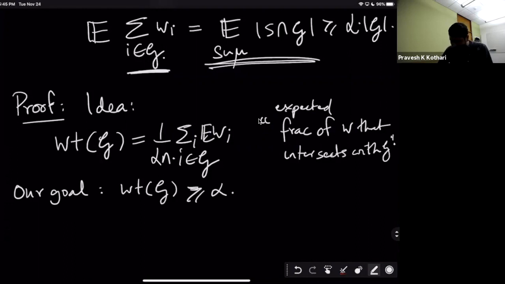So what's the only way I can show it? I have to use the fact that mu was supposed to be maximal, right? That's the only thing I have in my control. So I want to say that if this does not happen, then mu must not be maximal.